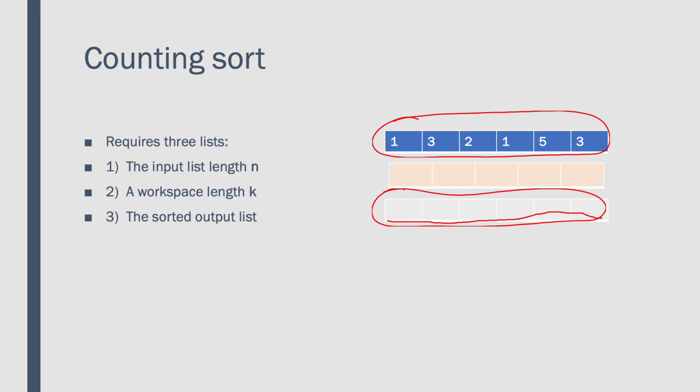We then modify the count list to store the cumulative count, which helps determine the position of each number in the sorted output. Then we iterate through the input list in reverse order, placing each number in its correct position based on the count list. This ensures stability, meaning that identical values maintain their original order.